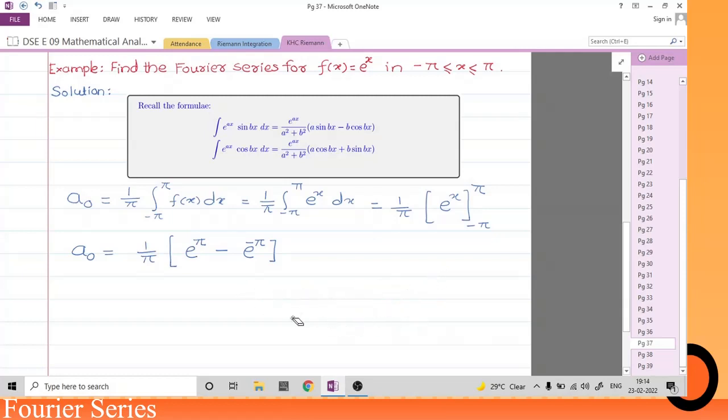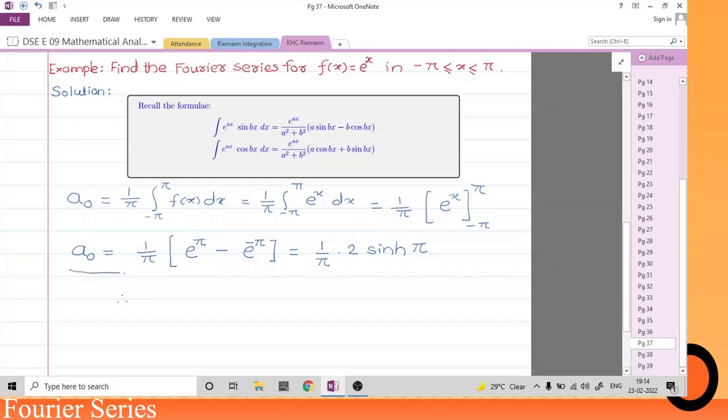Now you can observe that in this bracket e raised to theta, that is theta is equal to pi. So from the definition of sine hyperbolic function, this bracketed quantity is 2 times sine hyperbolic pi. So you can keep both values.